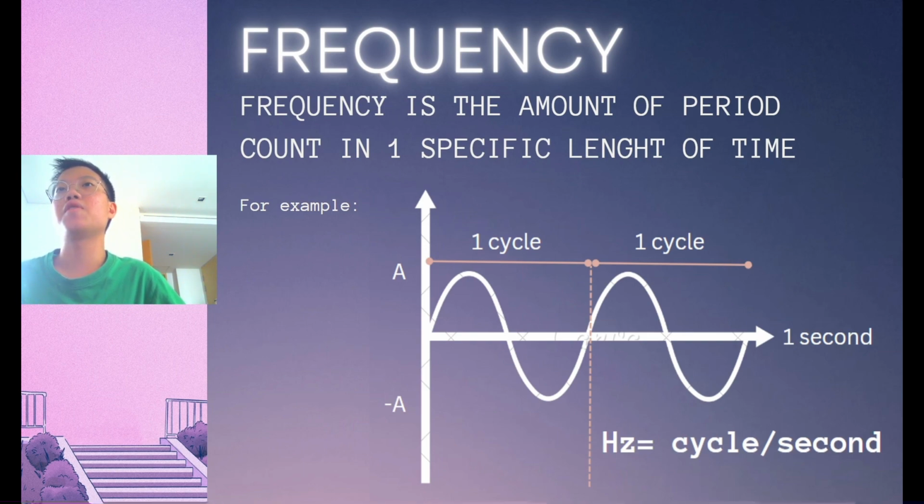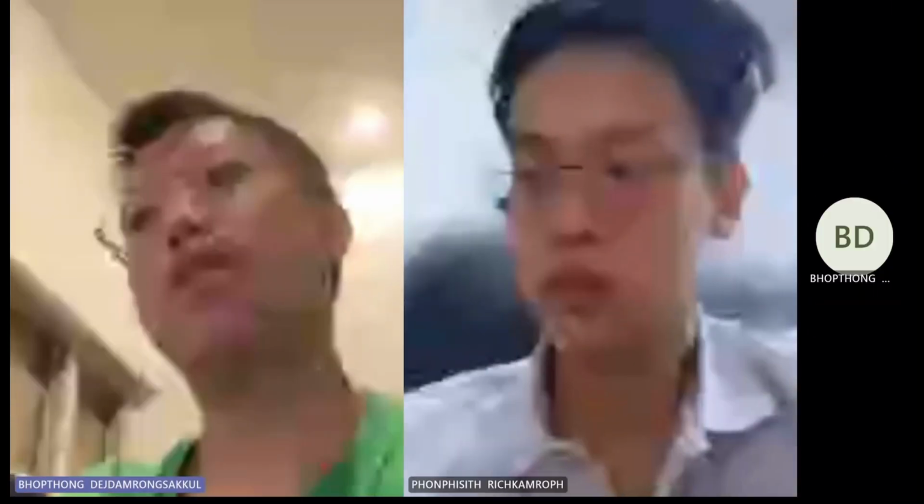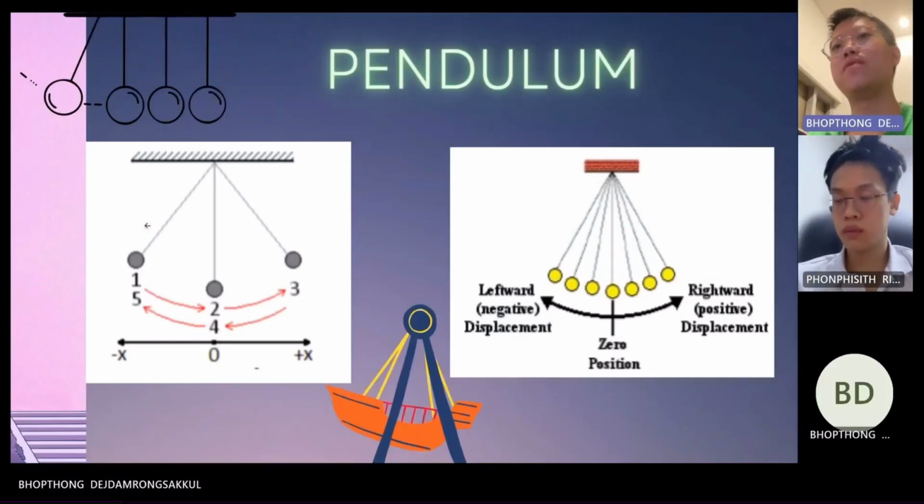So the frequency of this graph will be 2 divided by 1, which is cycles divided by seconds, and we will get the frequency for this graph equal to 2 Hz.